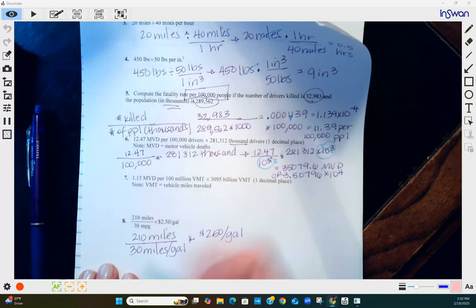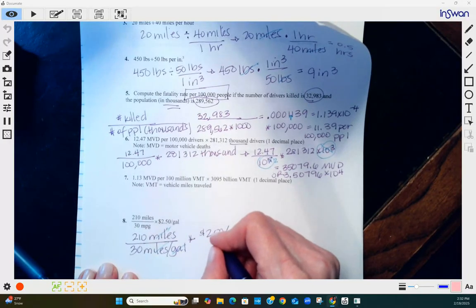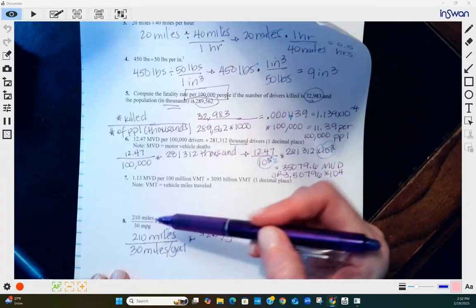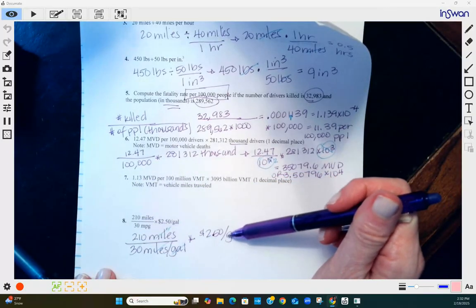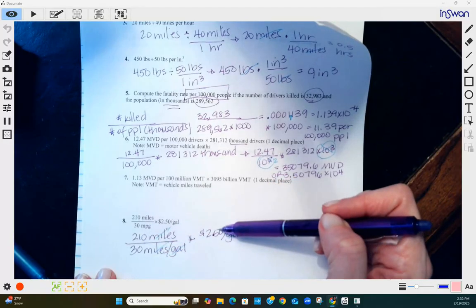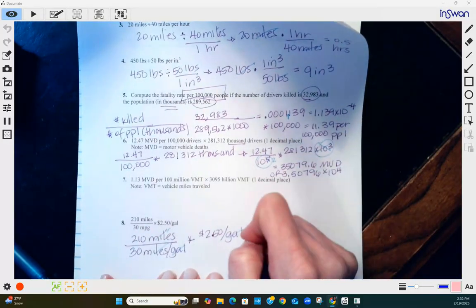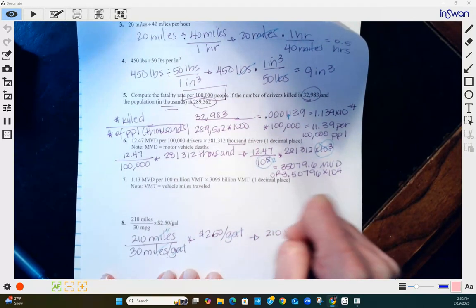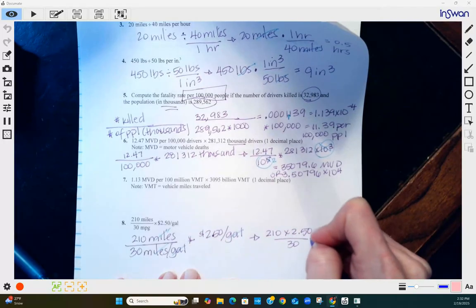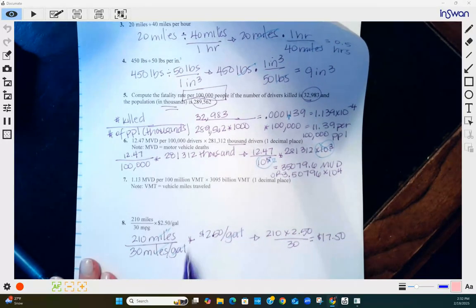So the miles will cancel and the gallons will cancel, and for the actual math, you can do it in any order: 210 divided by 30 times 2.5, or you could do 210 times 2.5 and then divide by 30. That part does not matter. So 210 times 2.5 divided by 30, and you get 1750. My point is that the dollars is the unit that's left over.